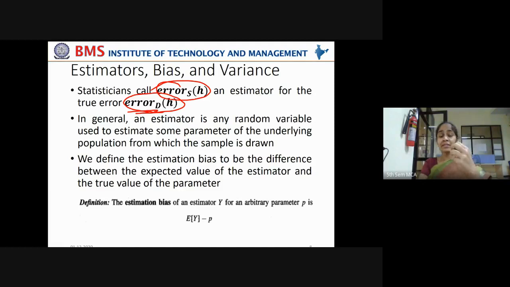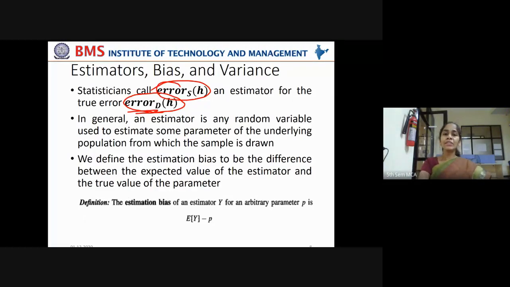No. You're just saying that this sample error is an estimation of the true error. They may not be equal, and we can't make them equal, but we should see that they are close enough. The sample error should be close enough to the true error. Only then can you say that your machine learning model is highly generalizable.